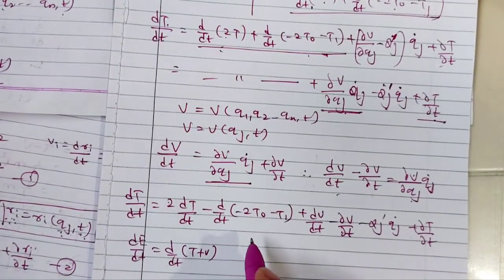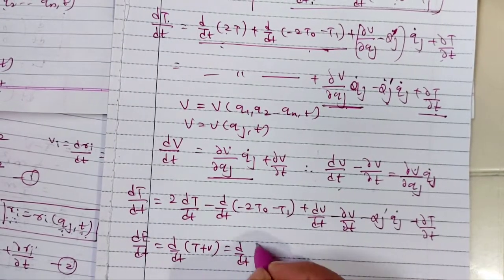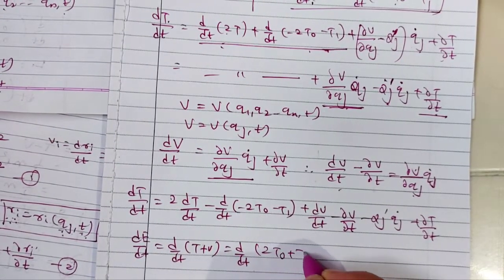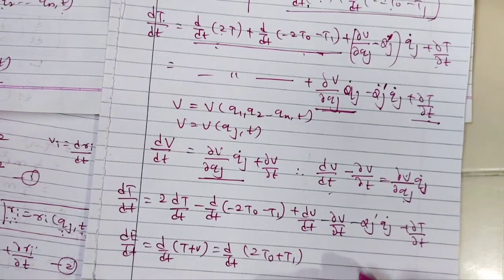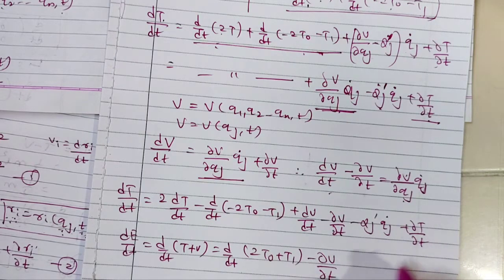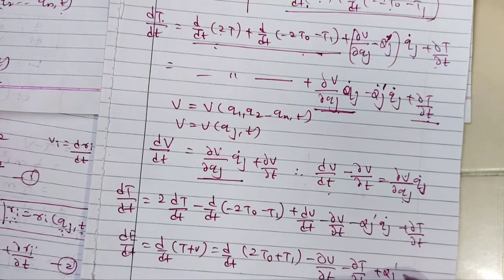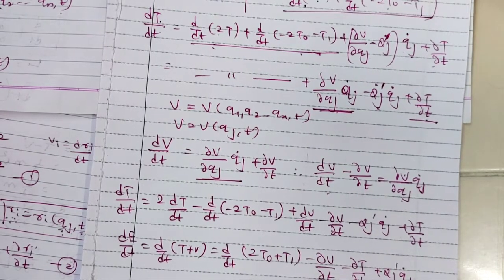This will be nothing but d/dt of 2T0 plus T1, minus ∂V/∂t minus ∂T/∂t plus Qj' qj dot.